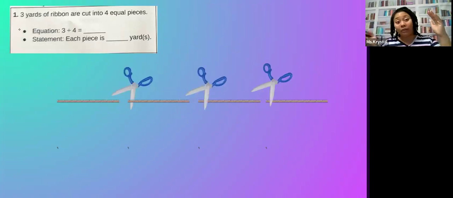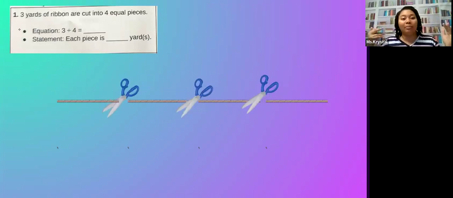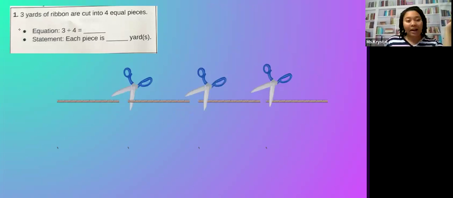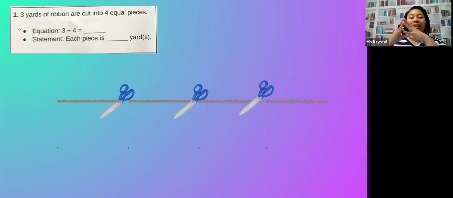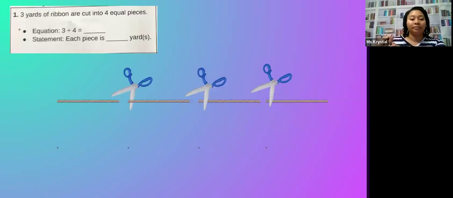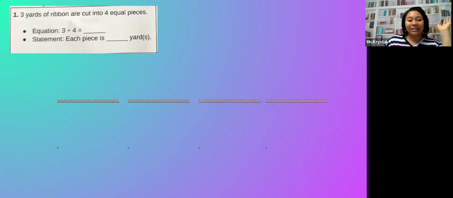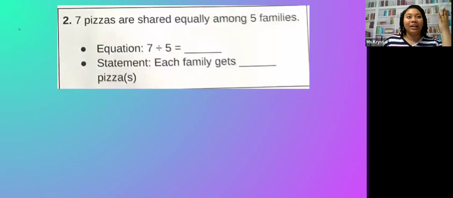Again, 3 out of 4 is the same thing as 3 over 4, or 3 divided by 4. So each of those pieces is 3/4 of a yard. All right. I love a picture every now and then. It makes it very, very easy to see in my brain.